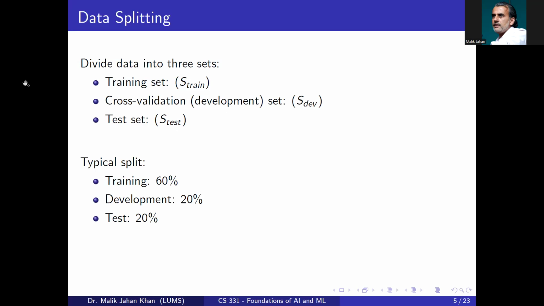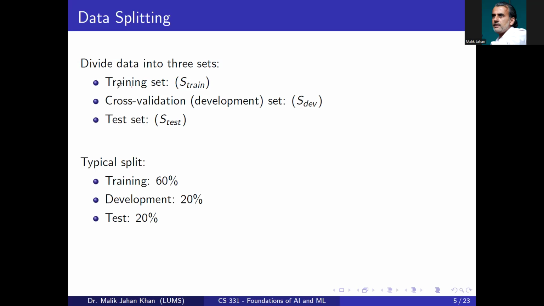So we are familiar with the primary role of the training set and test set from our initial exercises of logistic regression and linear regression. When we say training set, that means this is the set of data points which has to serve as the guide to learn the parameters.